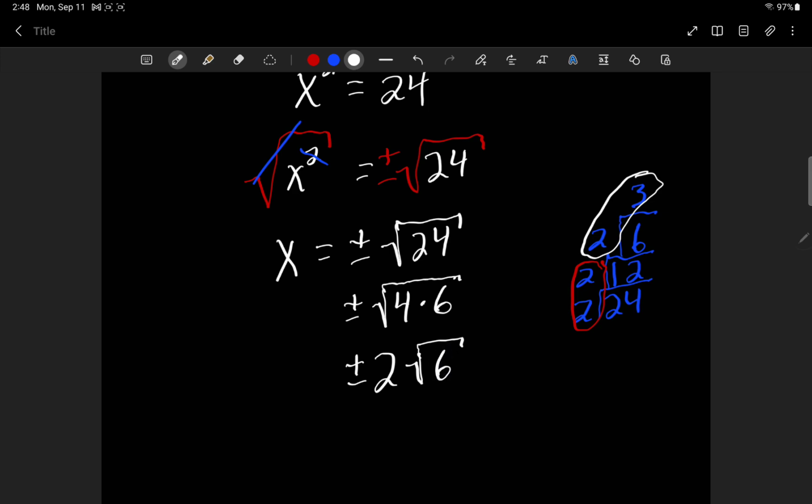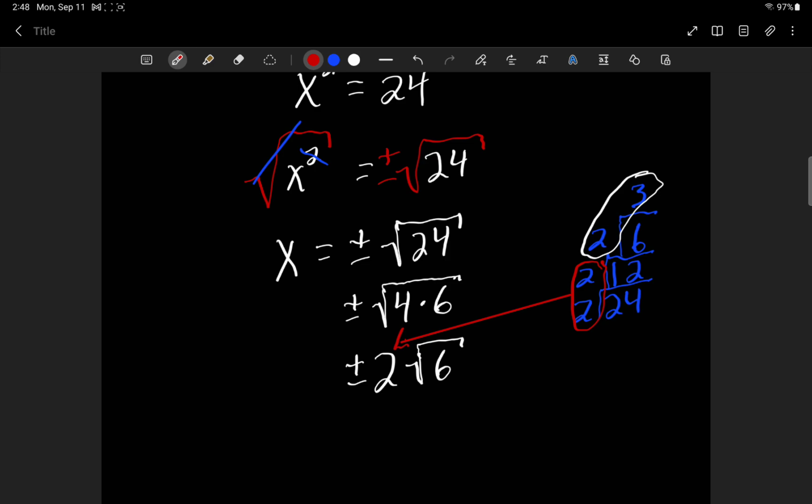I can't bring that out because there's no pairs to pull out, right? Some people look at it like I pulled out this pair, and that's what's here. I've seen that thought process, and that's okay. I guess as long as you understand what's happening. You've divided it up by its factors. 4 times 6 equals 24, and 4 is a perfect square, so I can pull the square root of 4 out.